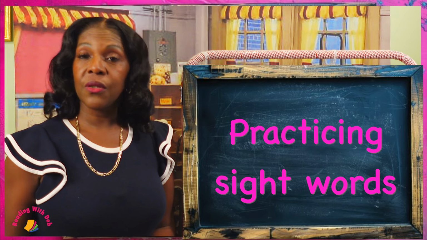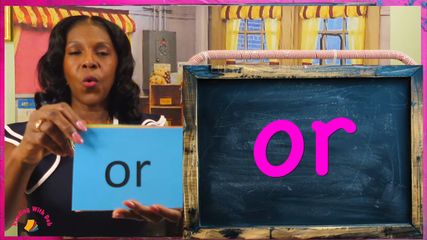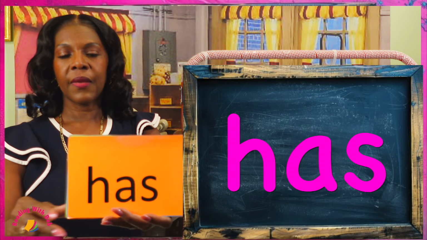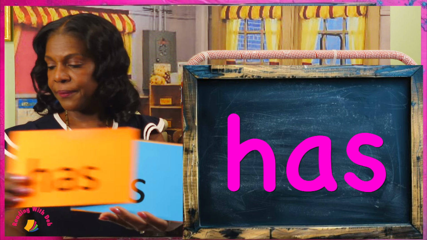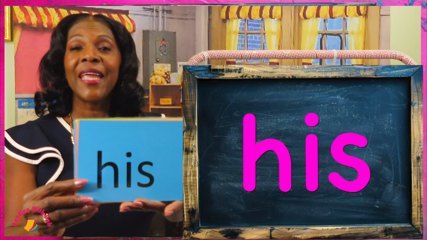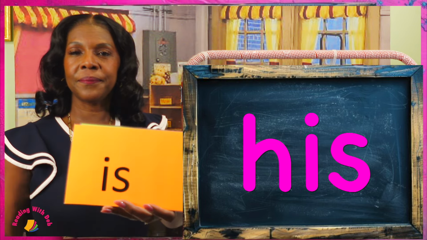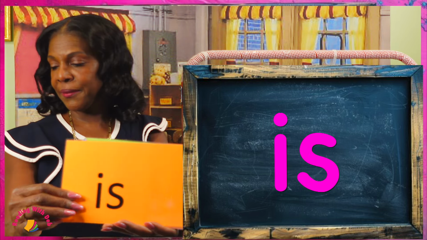Now let's practice all the sight words that we have so far. Or, O-R, or. Has, H-A-S, has. His, H-I-S, his. Is, I-S, is.